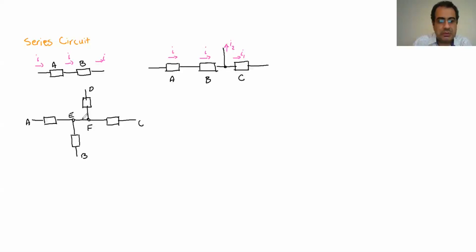These two nodes are only connected with a wire. So when you do the analysis, you can just remove that wire and put E and F on top of each other. So remember that if there's only a wire between them, you can remove it or you can add it. It doesn't matter, because a wire does not do anything. So by adding it or removing it, nothing is going to happen.